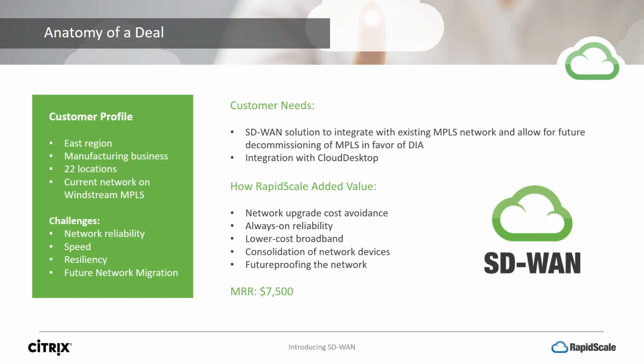All the traffic is actually going out wherever the head end appliance is. In RapidScale's case so far, that's always been our data center. And at our data center, we provide a virtual Fortinet appliance to our customers for all of that UTM, IDS, IPS, antivirus, spam filtering, everything else.